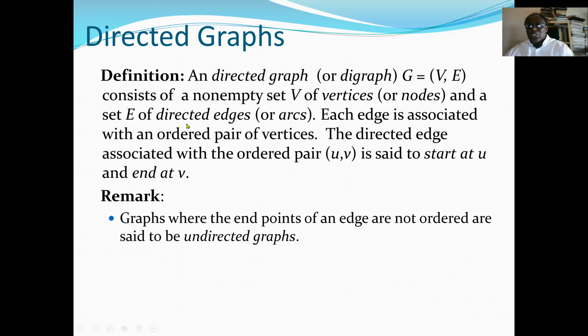The reason why it's called a directed graph is because the edges, the lines, show the direction going from one vertex to another. So each edge is associated with an ordered pair of vertices. The directed edge associated with the pair UV is said to start at U and end at V. Very important: in an undirected graph, we can start from V and end at U, or from U and end at V. But a directed graph has its direction.